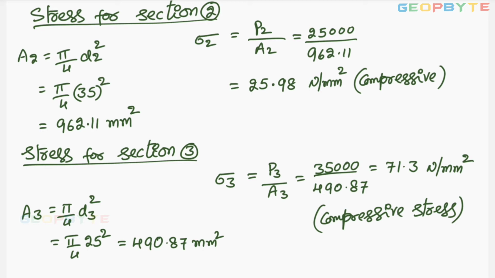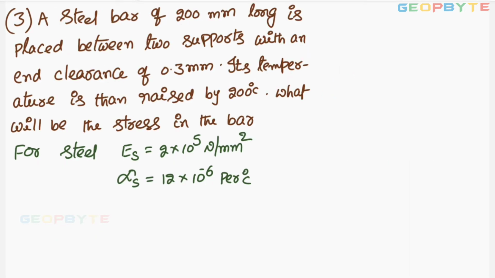Let us take one more problem. Look at the next problem. A bar of 200 mm length is placed between two supports with an end clearance of 0.3 mm.